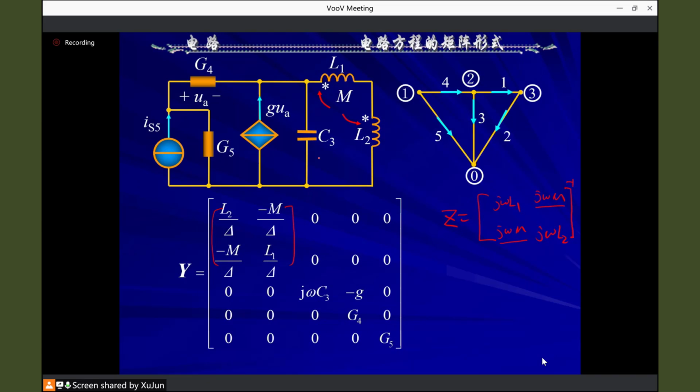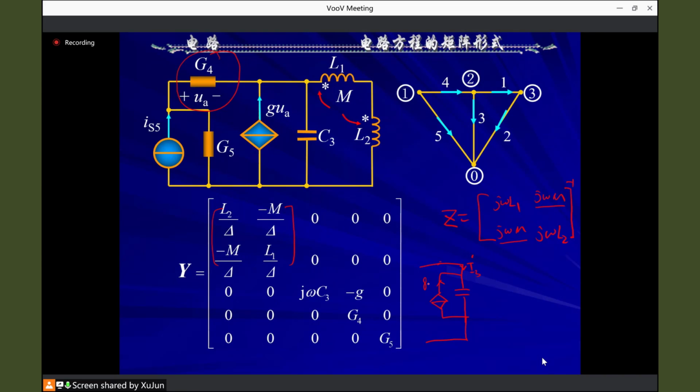For branch 3, there's a current source. UA is branch 4 voltage, 24 volts. So branch 3, we can draw it again. It will be like this. So this is I3.